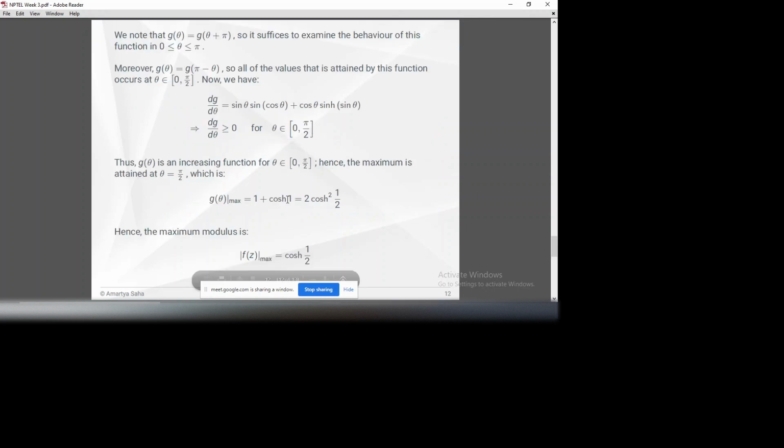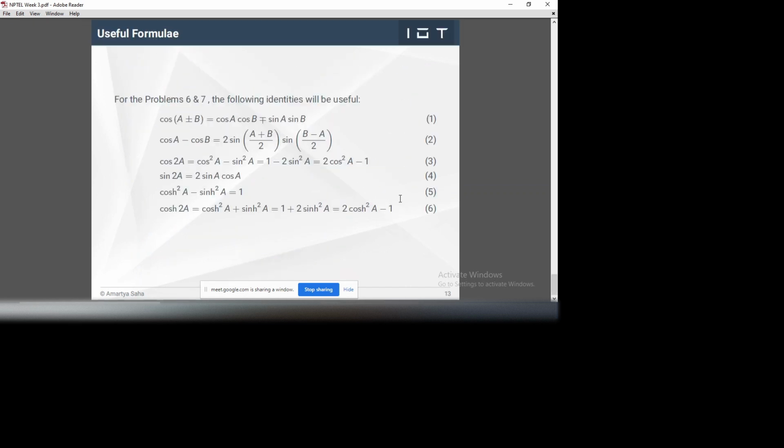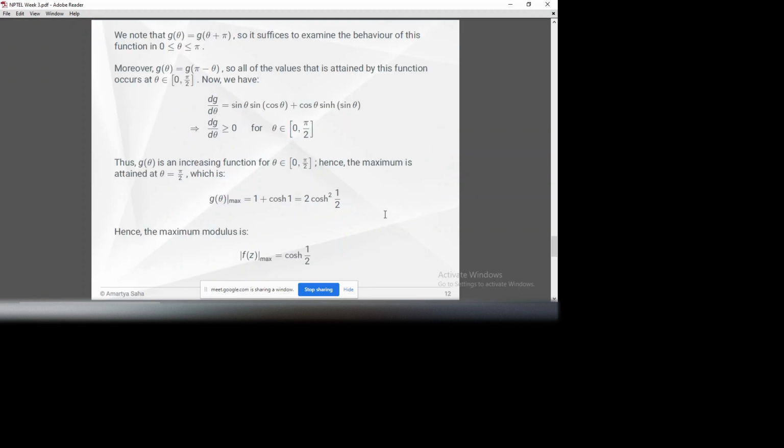So 1 plus cosh 1 is 2 cosh squared half. Just take this last one here and you will get 1 plus cosh 2a is equal to 2 cosh squared a. So our maximum value of g(theta) is 2 cosh squared half.